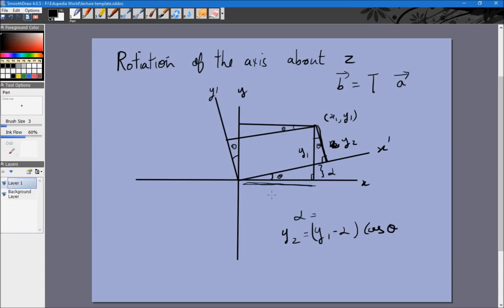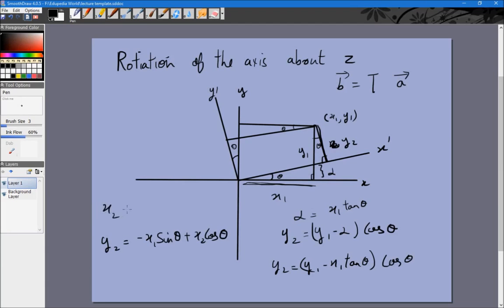This side is x1. So alpha is x1 tan theta. So from that we get y2 is equal to (y1 minus x1 tan theta) times cos theta. Or the result you get is y2 is equal to minus x1 sin theta plus y1 cos theta. Try to do x2 for yourself.